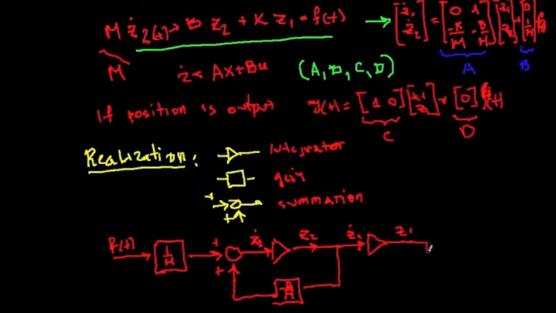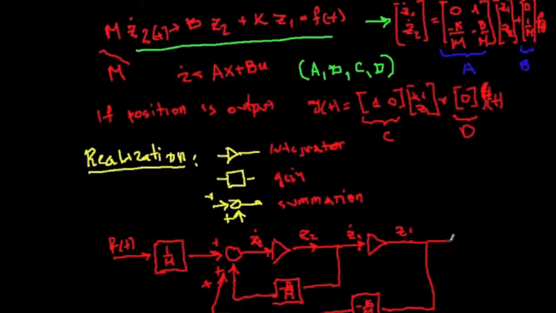And now we just need minus k by m signal to add here to generate z2 dot, because z2 dot is this term multiplied by z1 plus z2 multiplied by minus b by m, added here, and this is how our realization looks.